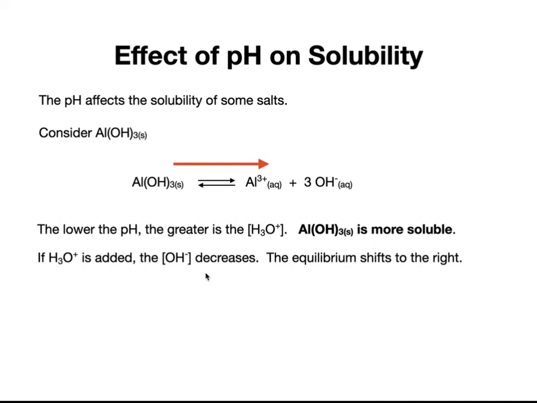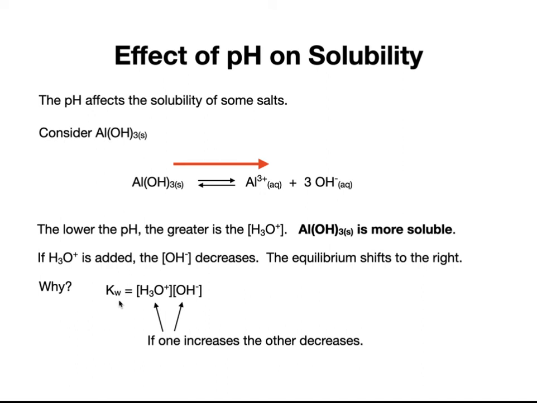Okay? Now, if hydronium is added, hydroxide decreases. Why is that? Well, remember this, class. This holds for all aqueous solutions, doesn't it? The hydronium times the hydroxide is a constant. Okay? If one increases, the other decreases. If this goes up, this goes down. If this goes down, this goes up.